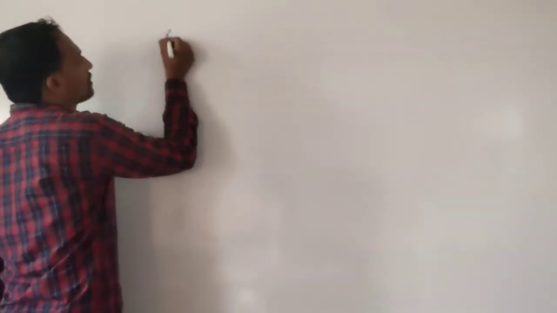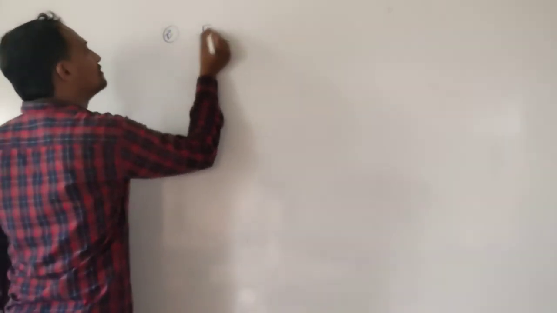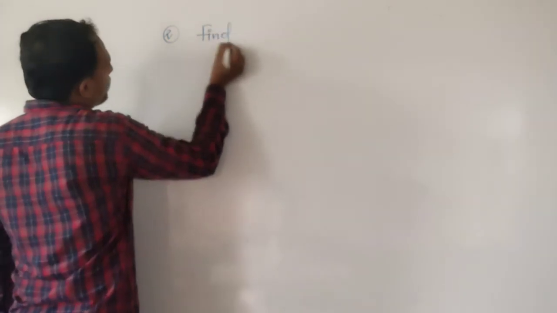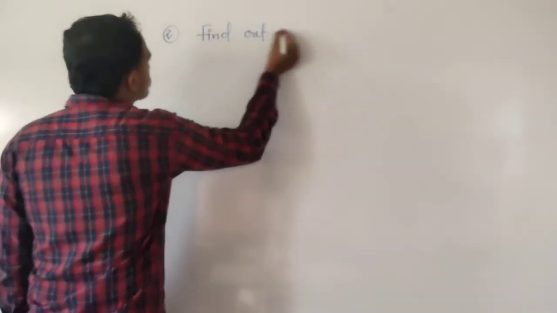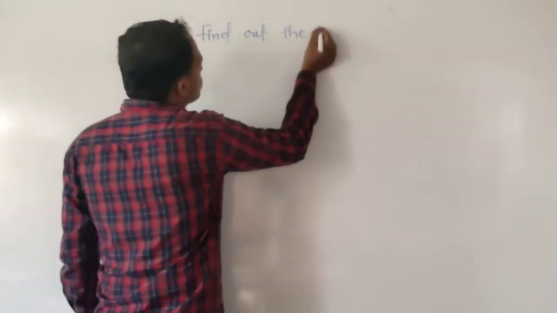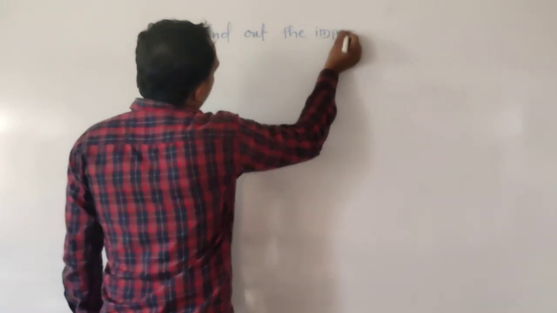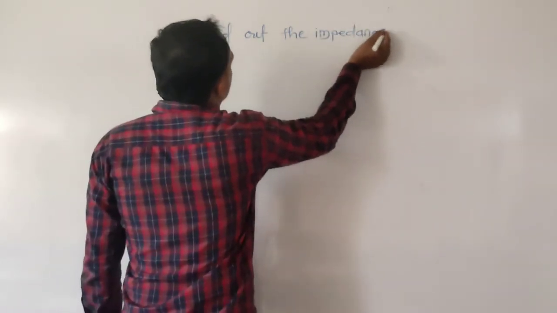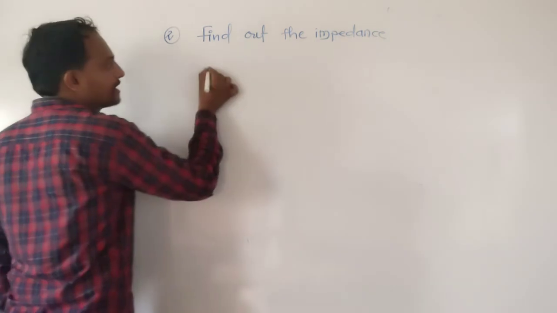After this, we have another example. Again the same, but for a parallel circuit: find out the impedance of the given circuit. The given circuit is like this.